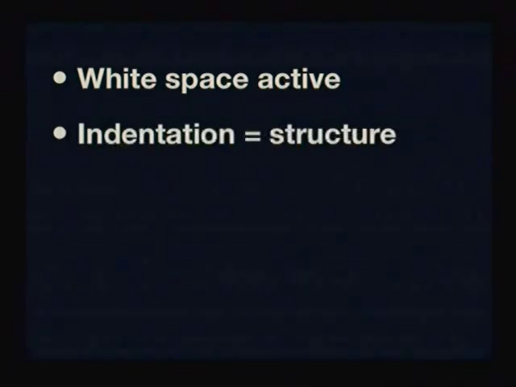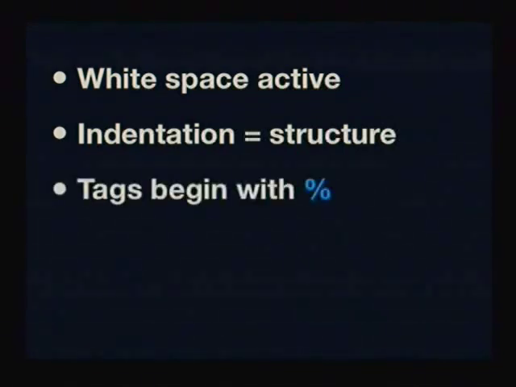So let's start with some basics of Haml. It's whitespace active. So the first tip is not to use tabs, or you will go crazy. And indentation in your markup equals structure. And I'll explain that a little bit more; you can kind of see that through the examples I have. Tags begin with a % sign.